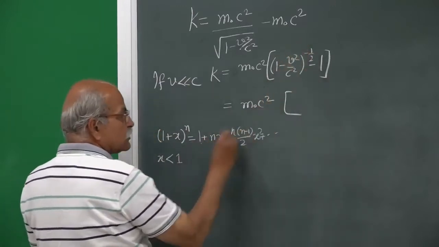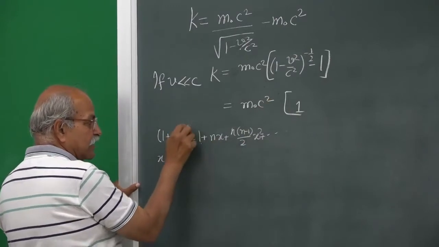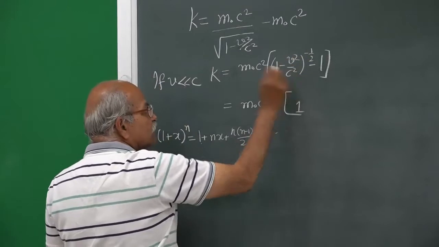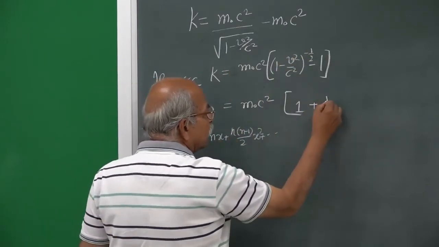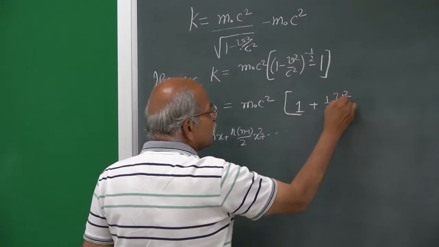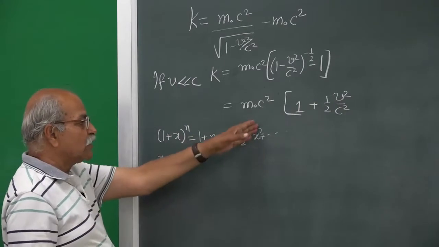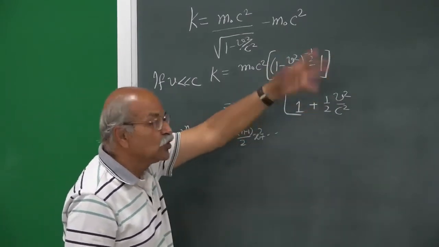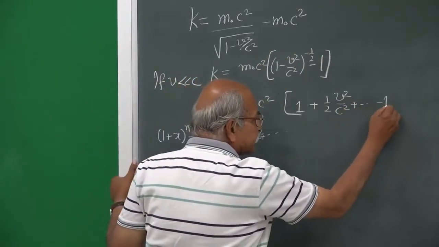So, the first term is 1, good. The next term is n x, this exponent and into this x. So, this is minus half into minus v square by c square. So, it will be plus half into v square by c square, and then the higher terms x square, x cube, so v square by c square, squared and cubed and all those things, and minus 1 is here.